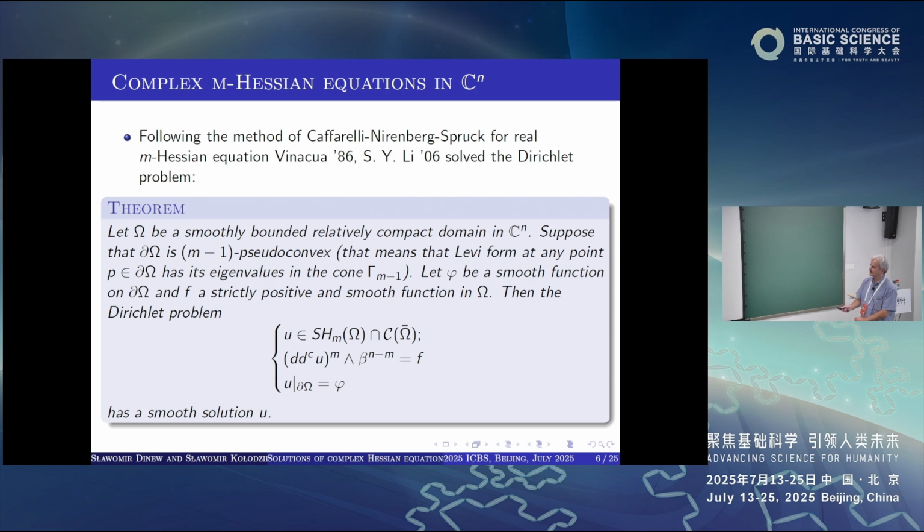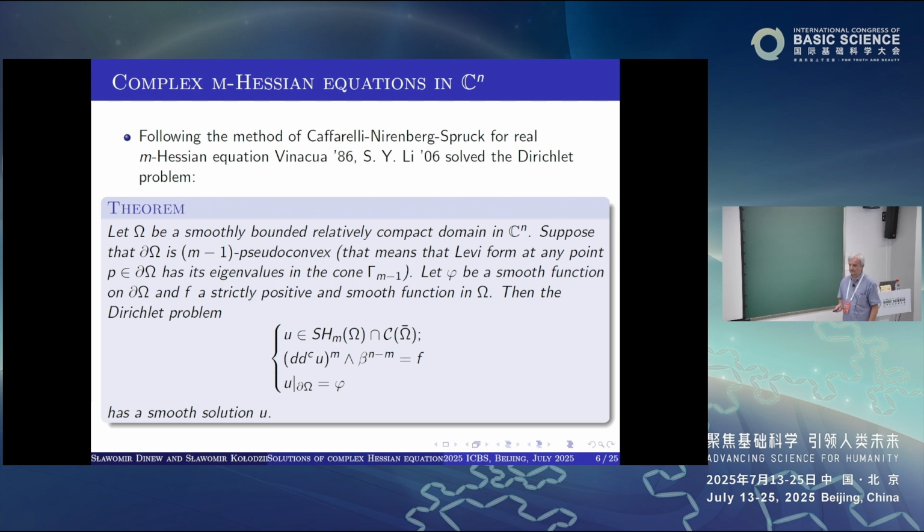So what is the statement? We have a smoothly bounded, relatively compact domain Omega. We suppose that the boundary is what we call (m-1)-pseudo-convex, which means that if we take the Levi form at any point of the boundary, then the eigenvalues are in this cone.